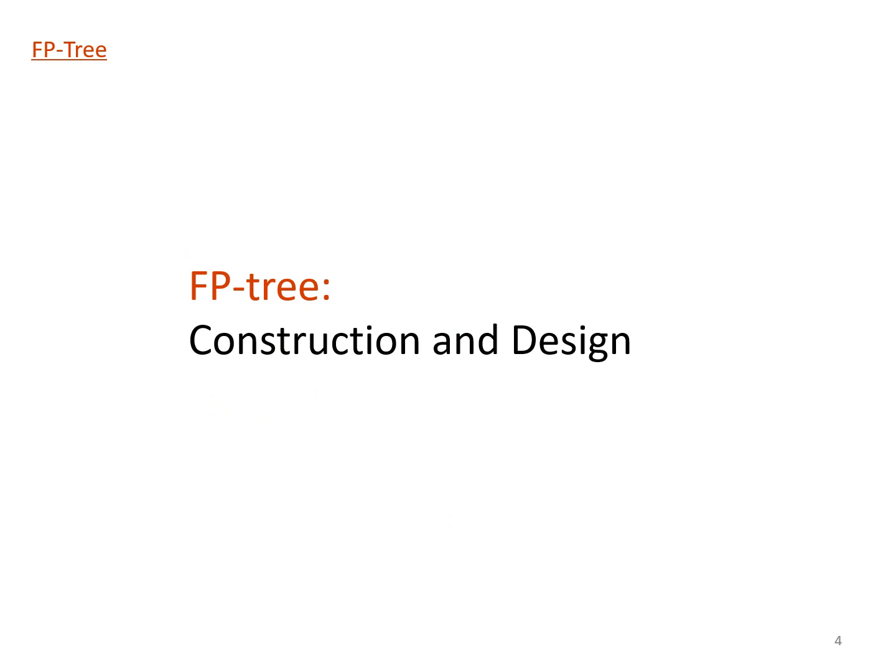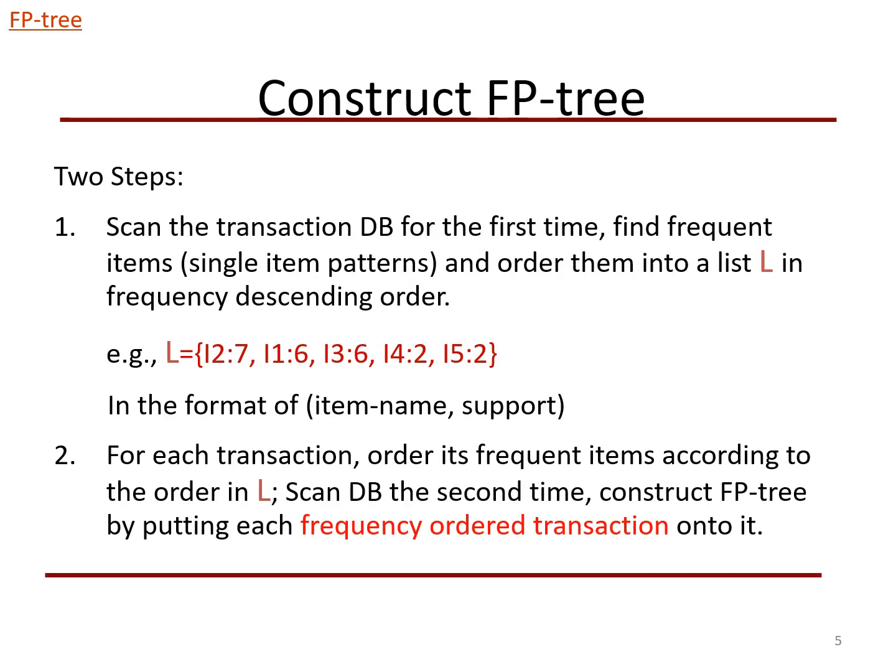So how do we construct the FP tree in order to be able to use it to identify our frequent patterns? There are two steps to generating the FP tree.